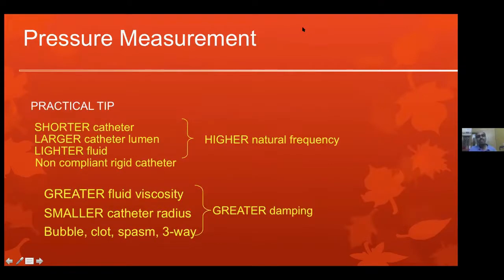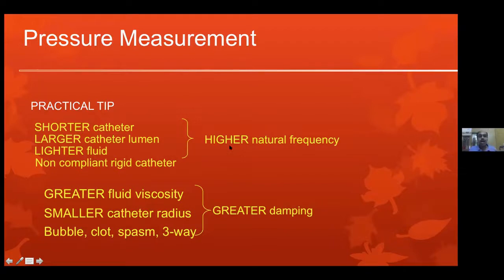The practical tips for pressure measurements are, in order to have a higher natural frequency. Okay, another question, how in the cath lab can we ensure our cath trace is optimally damped by looking at the trace? Okay, we'll come back.